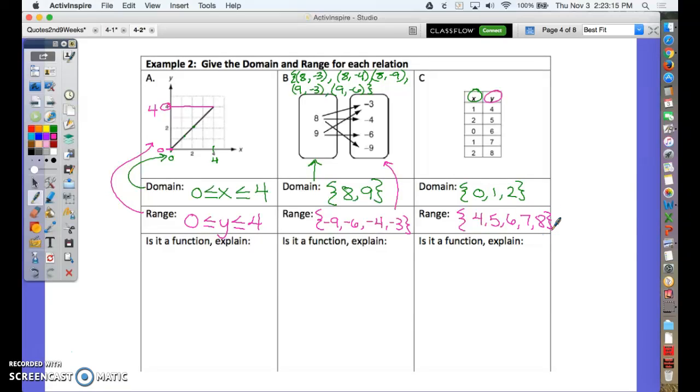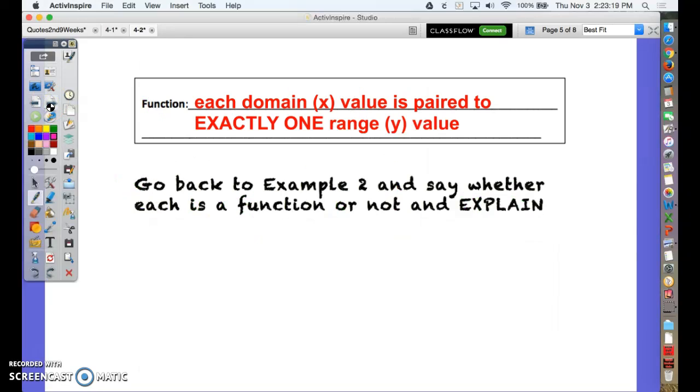Okay, so if we want to determine if this is a function, here's the definition of what a function is. A function means that each domain, each x, is paired to exactly one range. And the best way I can describe this is to think about a function like a machine.